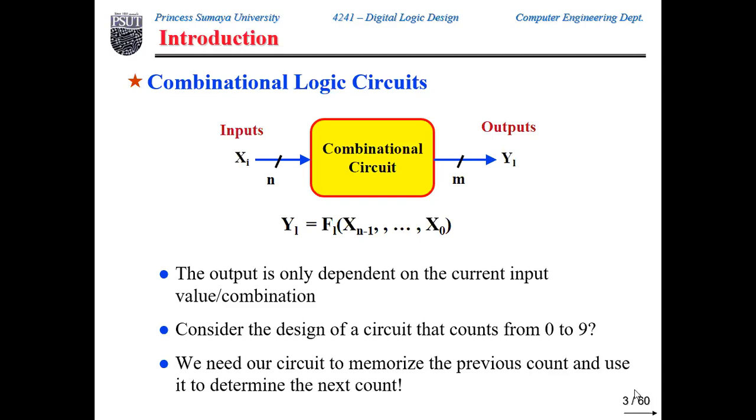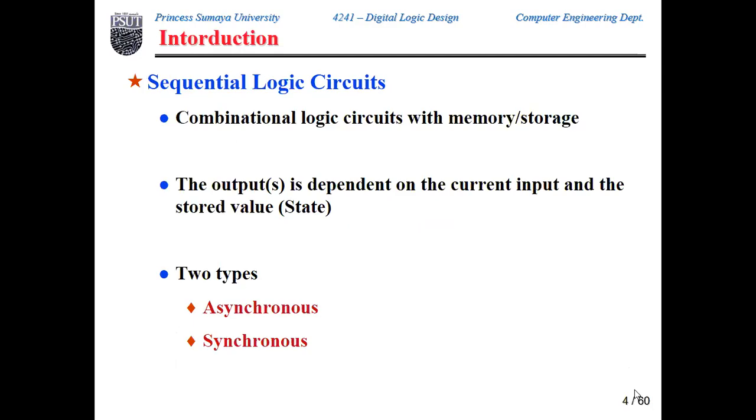We need another component to add to the combinational logic circuit, which is basically, we said, a kind of memory to store the count value in order to know what is the next count. So this is basically a sequential circuit, which is a combinational logic circuit that has a memory that can store some value that tells something about the state of the circuit.